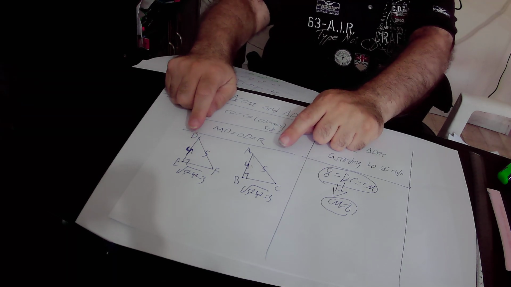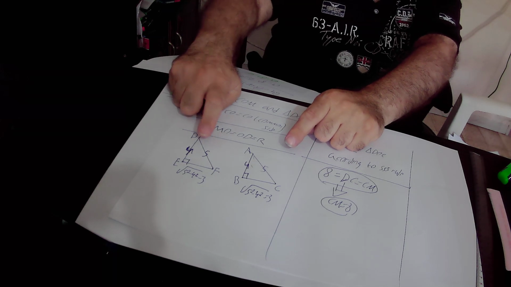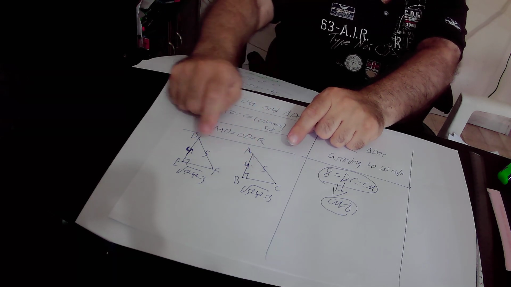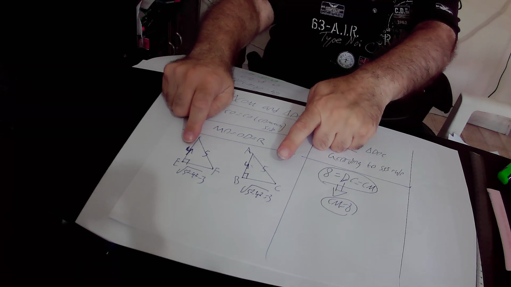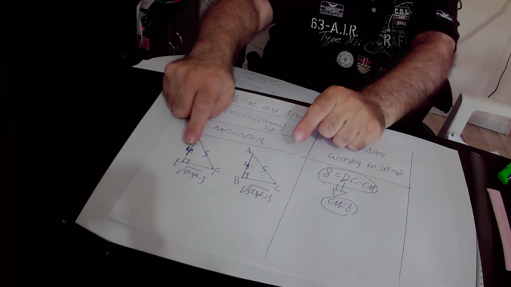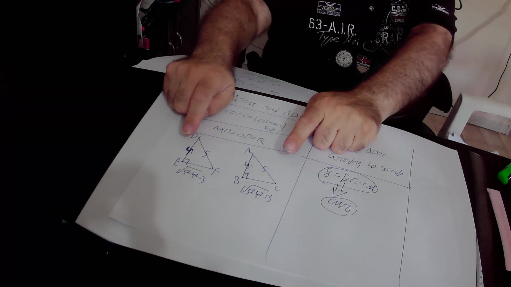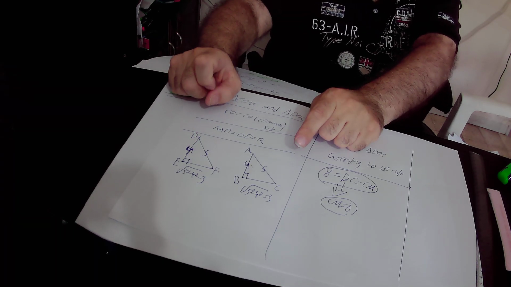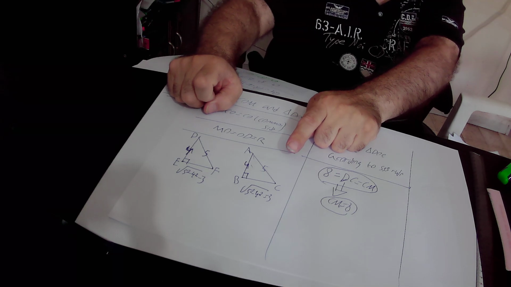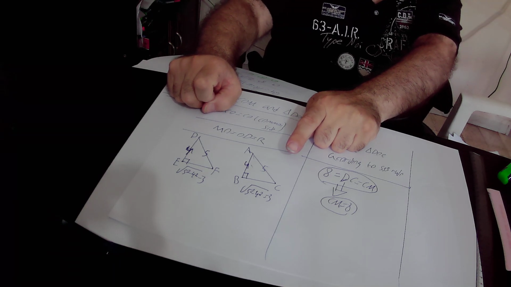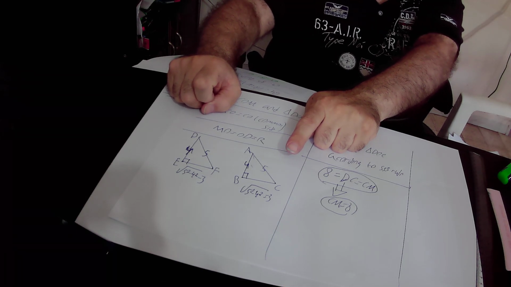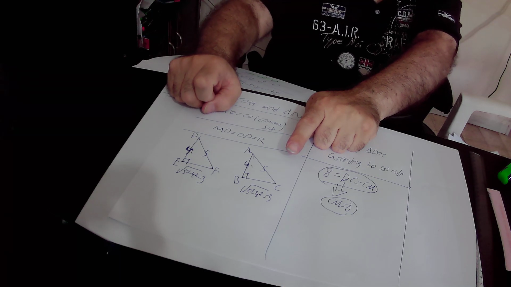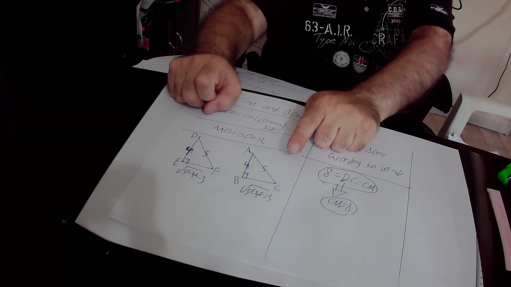Here, AC equals DF equals 5, and AB equals DE equals 4. Therefore, the third side must also be equal, because according to the Pythagorean theorem it will be equal to the square root of 5 squared minus 4 squared. 5 squared is 25, 4 squared is 16, so 25 minus 16 is 9, and the square root of 9 is 3.